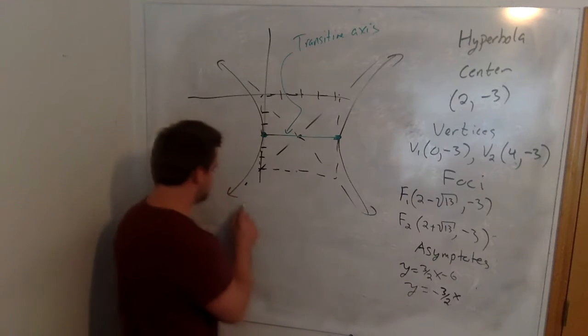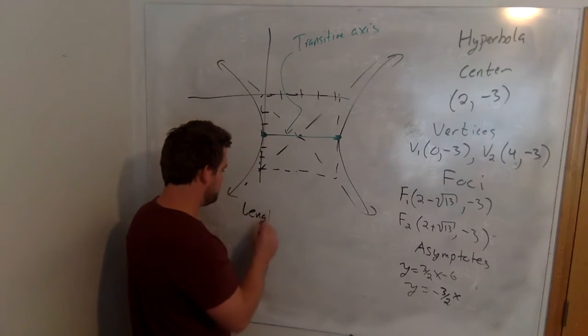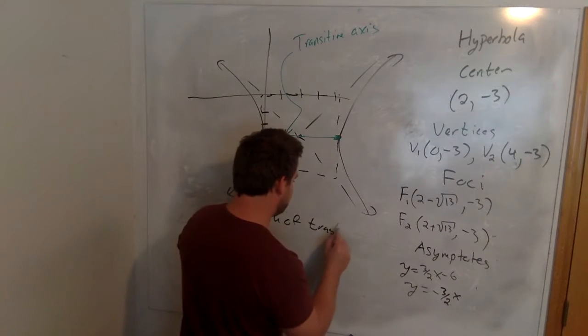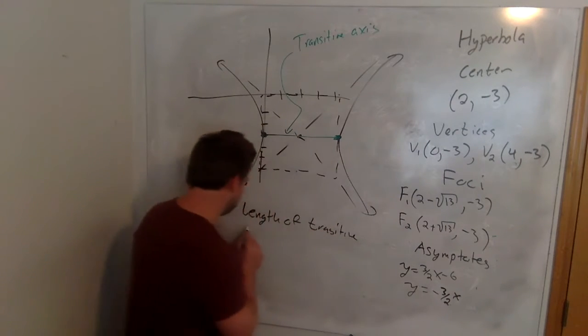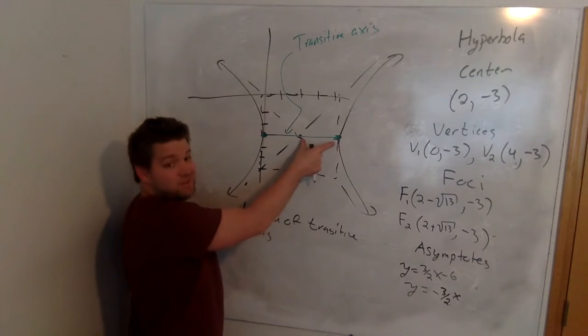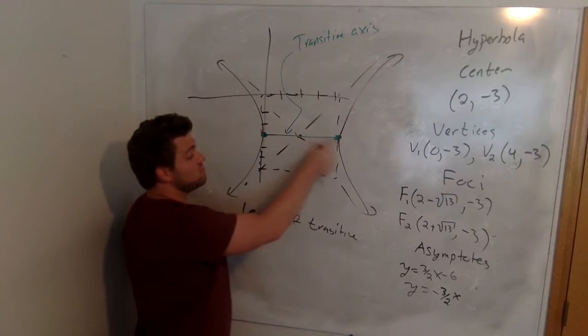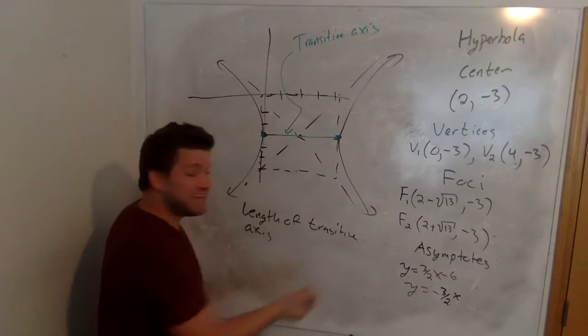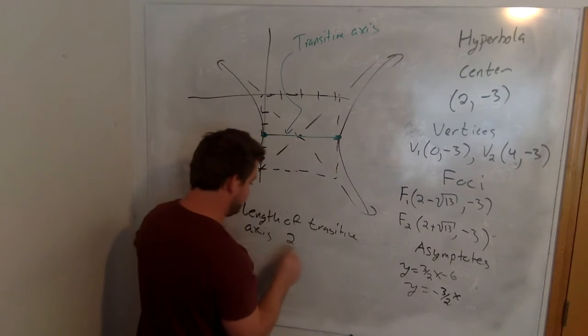Okay, what is the length of the transverse axis? Maybe I'll write that down. Length of transverse axis. Well, this length here from the center to one of the vertices, that's what we called a. So in general, the length of the transverse axis will be 2a.